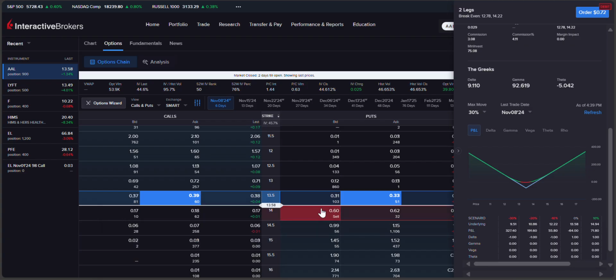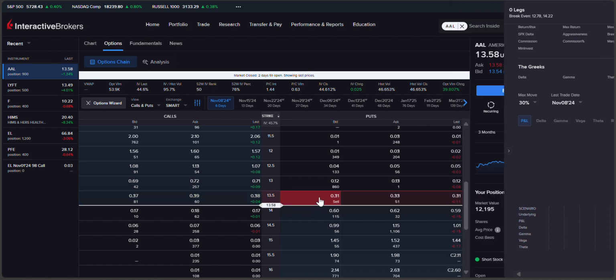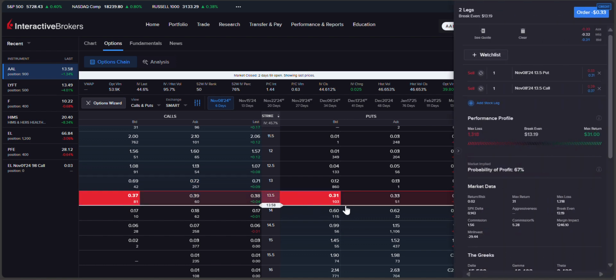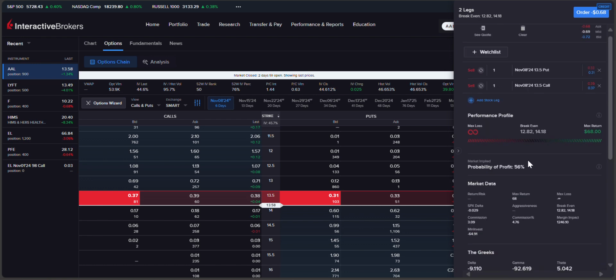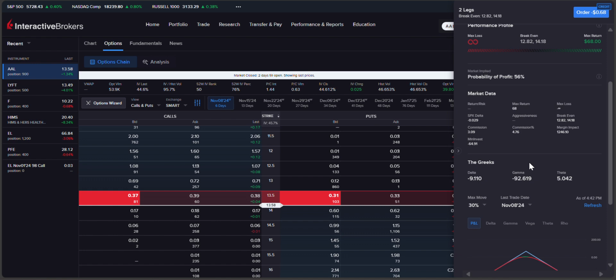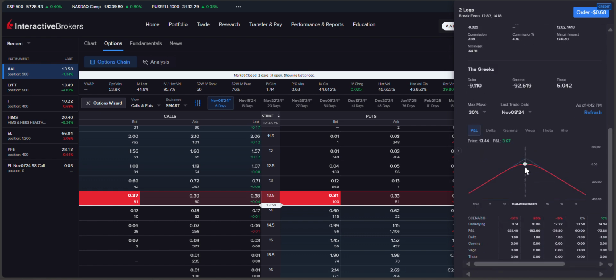The short straddle is the inverse. You want to profit. The strategy gives you a great amount of premium, all right? But in the same way, as you can see, there are a lot of outcomes that will make you lose money.